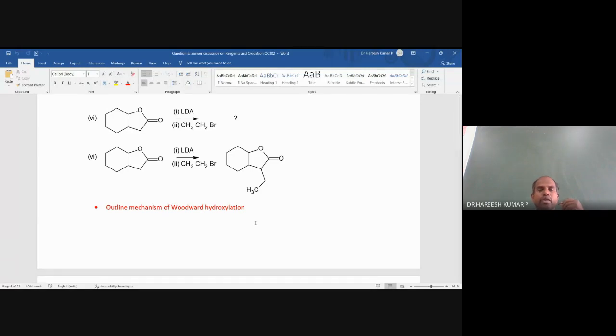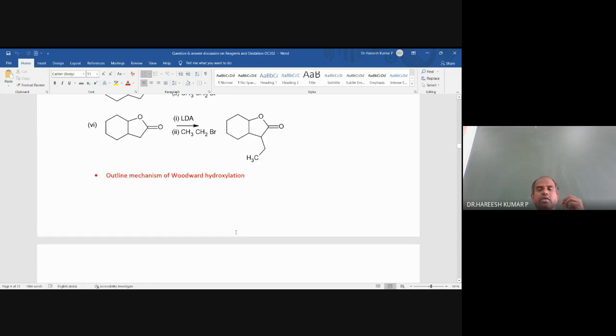The product obtained is a cis hydroxylation. Cis hydroxylation is possible with the Woodward reagent. What is the Woodward reagent? The Woodward reagent is moist silver acetate or moist silver benzoate in the presence of iodine.